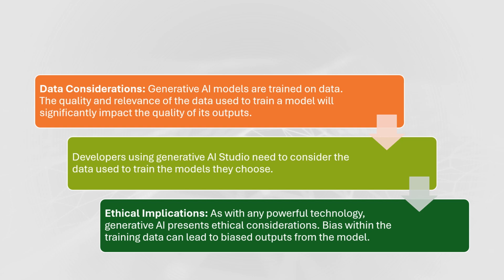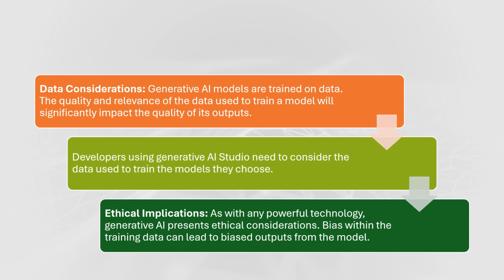And of course, coming with any AI technology and any powerful technology, there are ethical implications that AI presents. It can be used, and the wrong people can use it for wrong things nowadays.